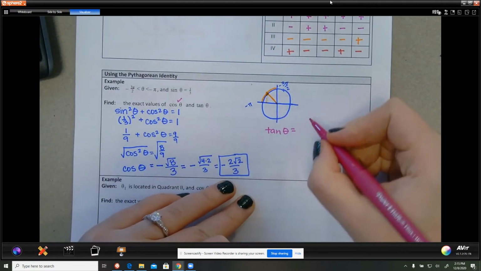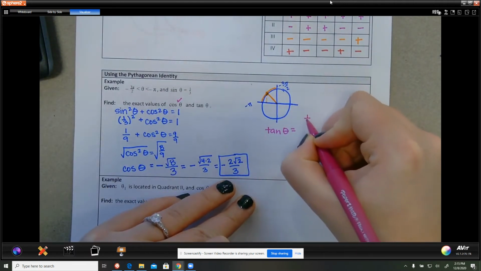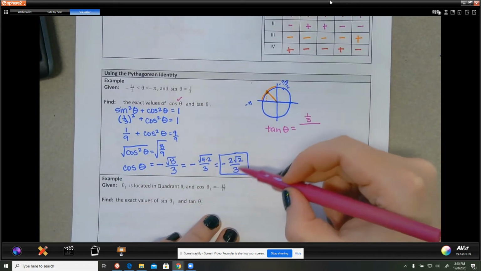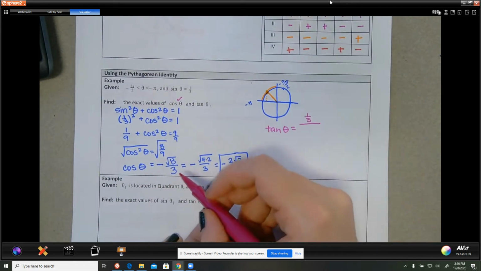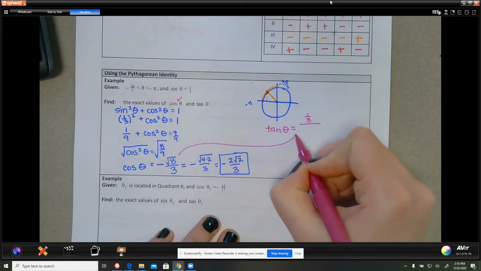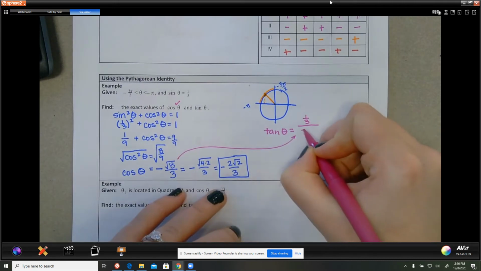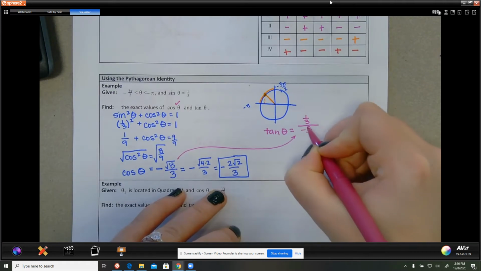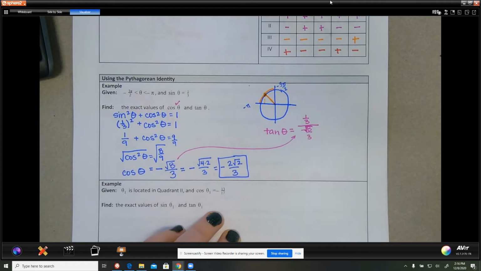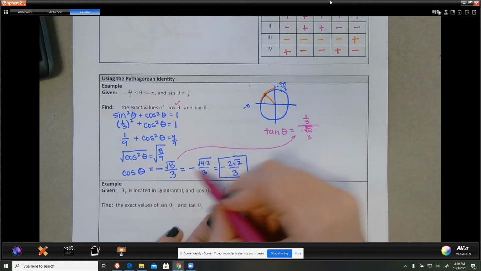Sine theta was 1/3, all divided by my cosine of theta. I could use the simplified one, but I suggest you use this simpler version: negative square root of 8 over 3, because these are equivalent.